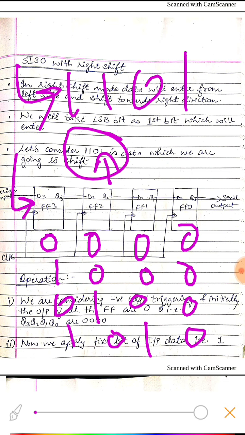So the LSB is coming first into the shift register, and it will come out if we put another bit into the shift register. So data is getting into the shift register serially and getting out of it serially as well.